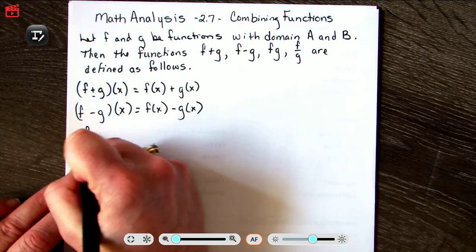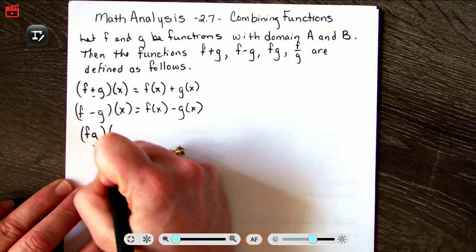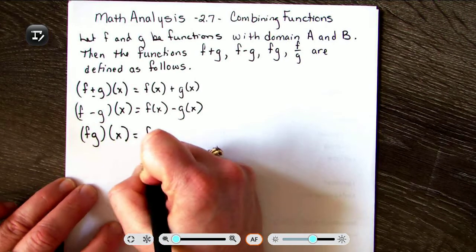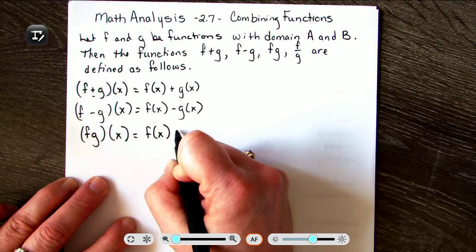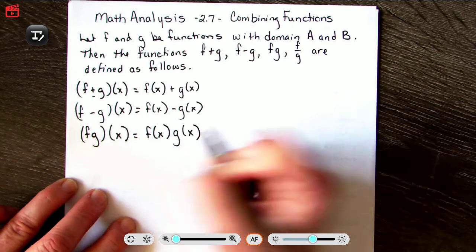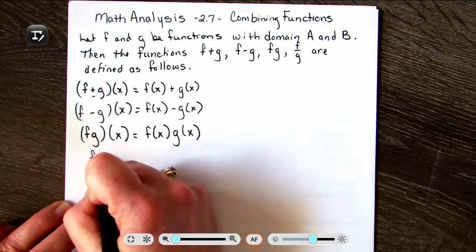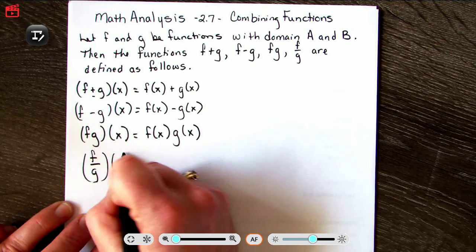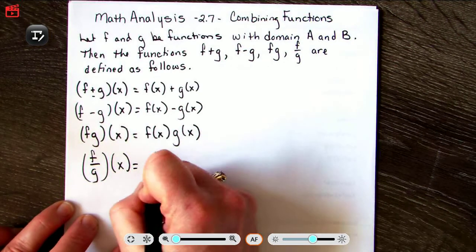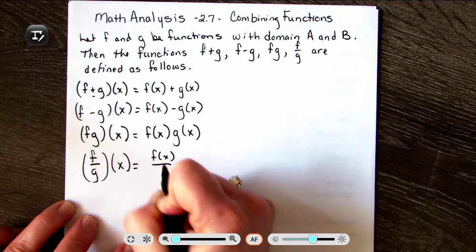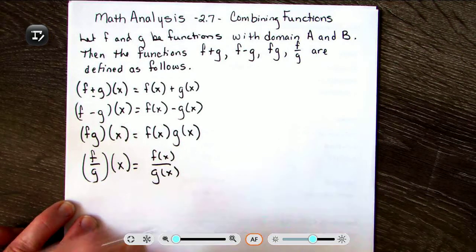The product function, fg, is going to be the product of f of x times g of x, and then f divided by g, or the quotient function, would be f of x over g of x.